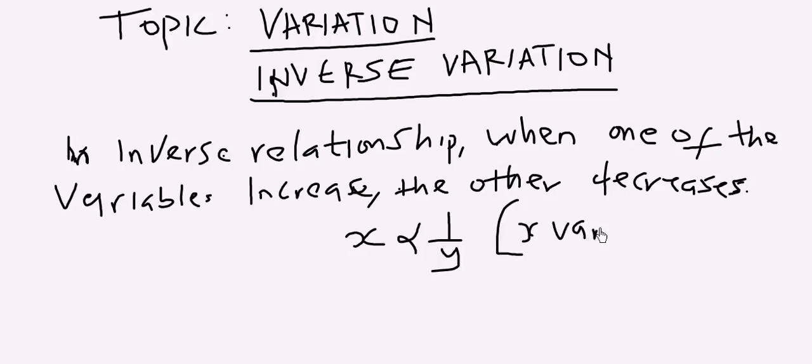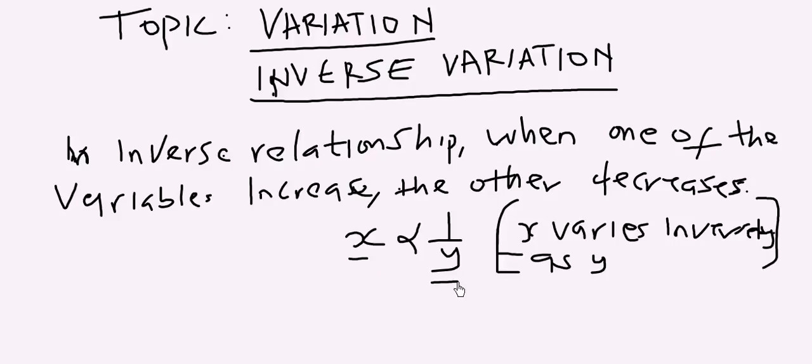X varies inversely as y. So we have that x varies inversely as y. As x increases, y will decrease.